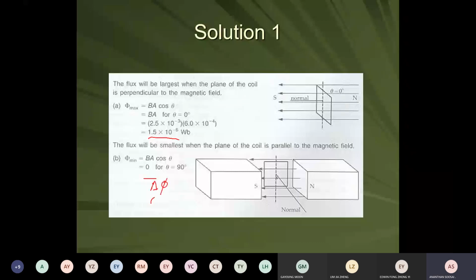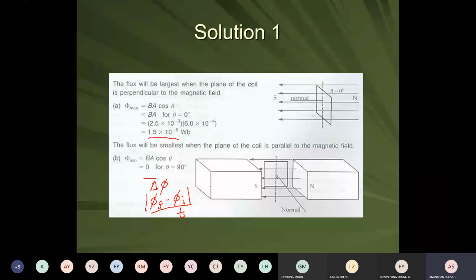The flux change is the final flux minus the initial flux. Normally, Cambridge puts it as a modulus, they take it as a positive answer. Final smaller than the initial becomes negative, but they take it as positive. Magnetic flux change over the time taken.